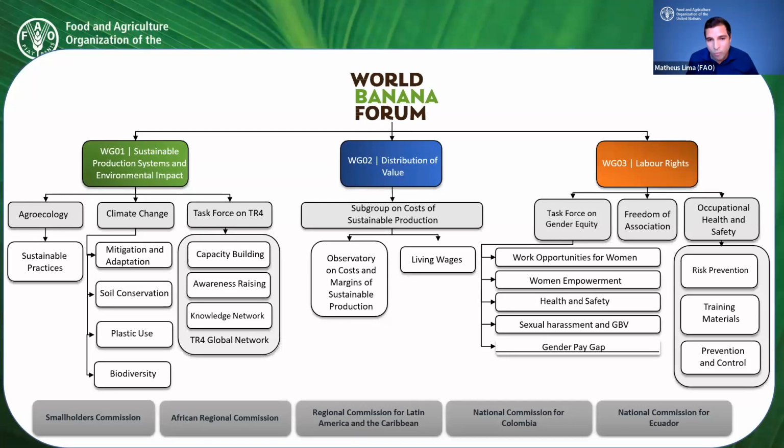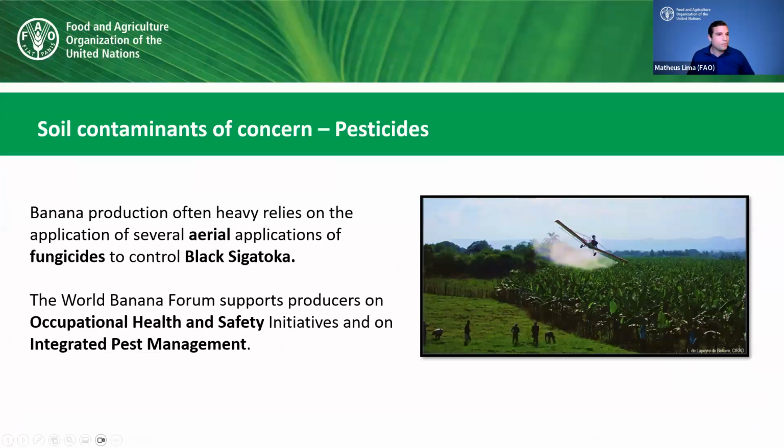We also have work in distribution of value, work in labor rights, and something very interesting, which I will mention a little more about further on, our work in occupational health and safety. That is also related to what was mentioned in the other presentation, how to protect producers and workers from these risks related to pesticides.